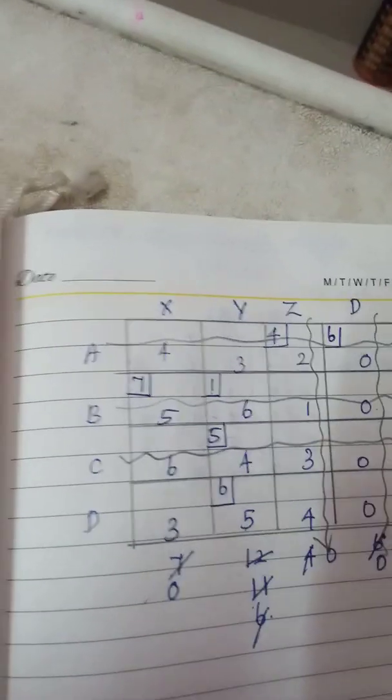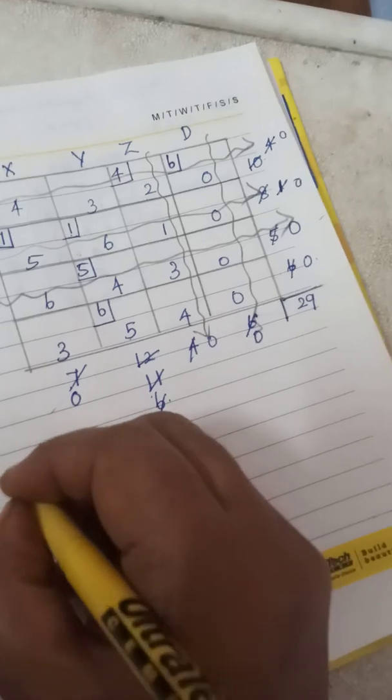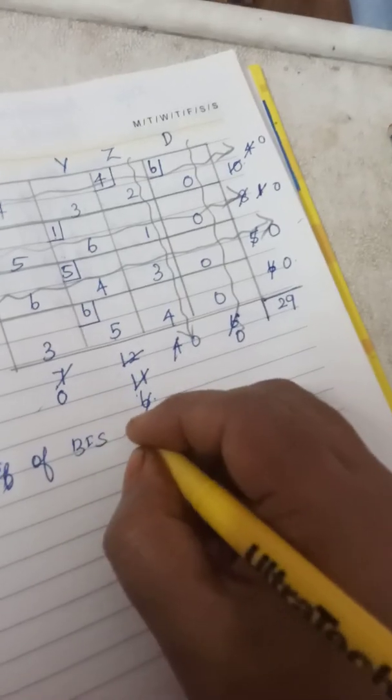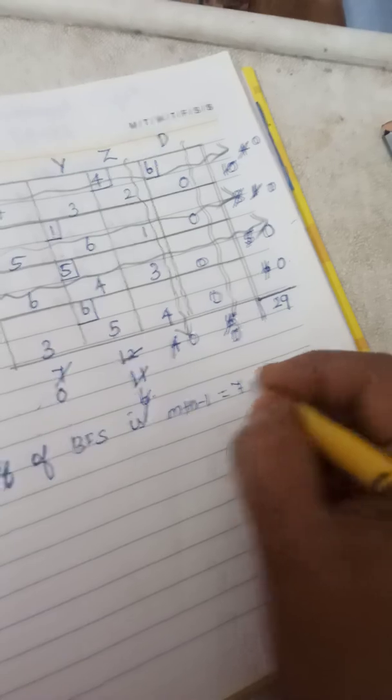Now 1 2 3 4 5 6 7, we need three epsilons to choose. Now one dummy column we introduce. Now find the number of basic feasible solutions: m plus n minus 1, which is 7.